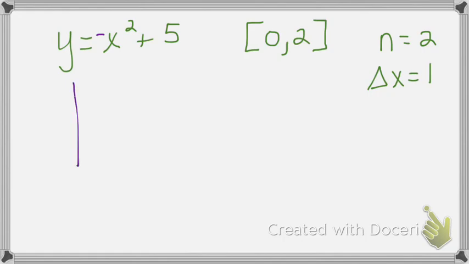Okay? So, I'm going to make a table with 0, 1, and 2 on them. Because I know if I'm going to have a rectangle, I'm going to have one of them from 0 to 1 and one of them from 1 to 2. Okay? I'm going to plug those values into the y value up there and just find out what you get. You get 5, 4, and 1. Does that make sense?